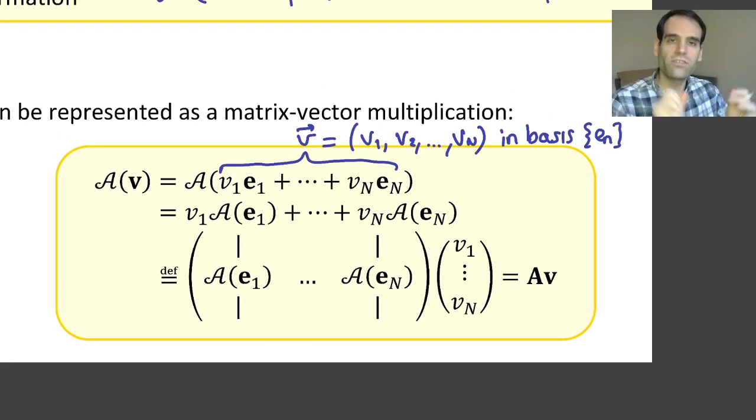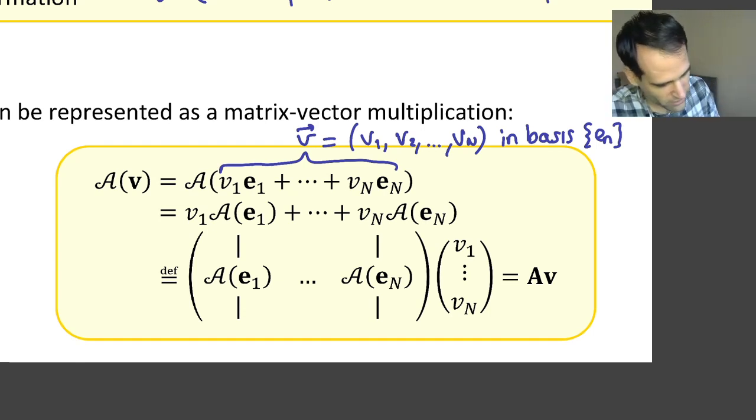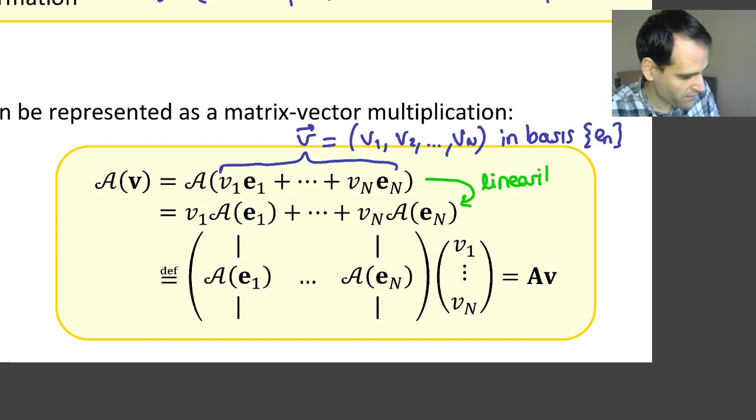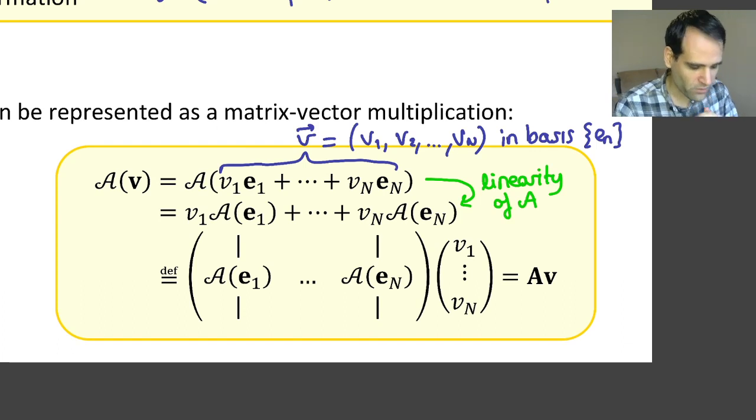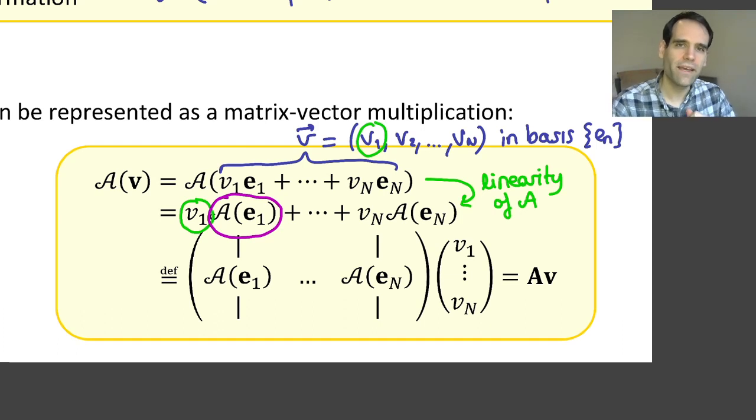So we substitute this vector inside the transformation, and then we apply the linearity of the transformation, the property that we just described. This means that the output of this transformation is the coefficients, which were the coordinates of the vector, now acting on the outputs of the different basis vectors.